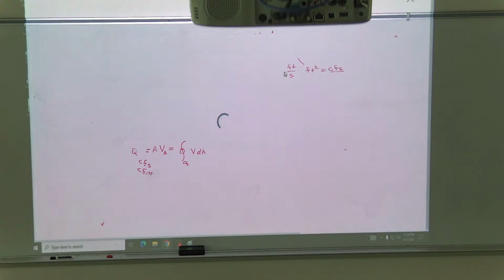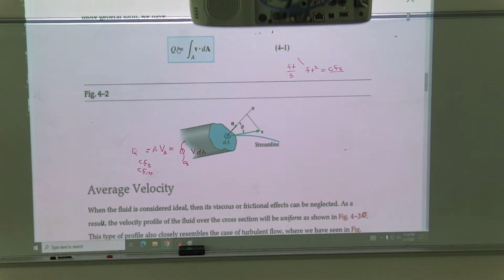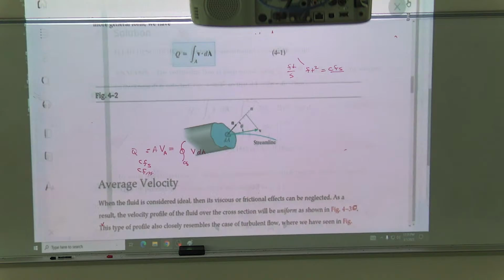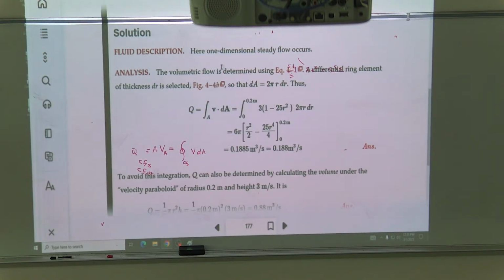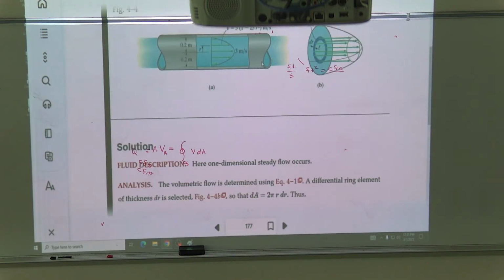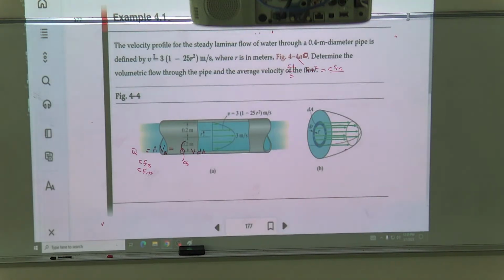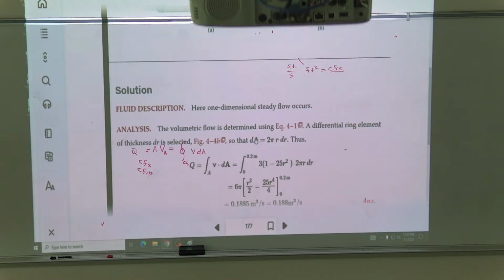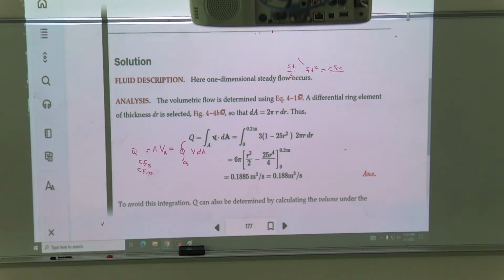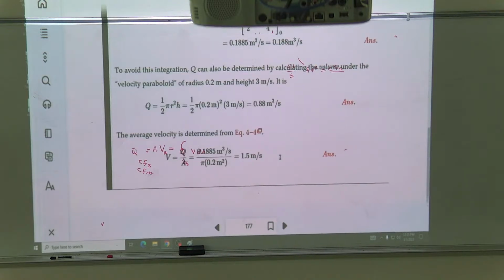Oh, okay, here's the problem statement: the velocity is written like this. So there is his function of the velocity. You have to integrate velocity dA. Well, dA is 2 pi r dr, and you put in the equation and integrate it out. That's all you're doing in some of these.